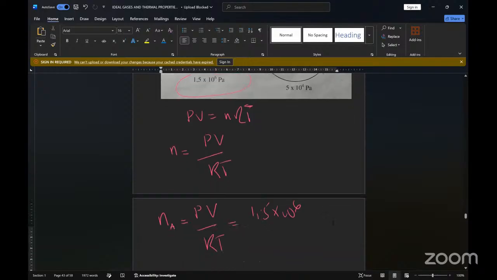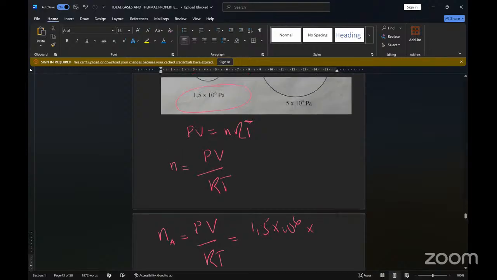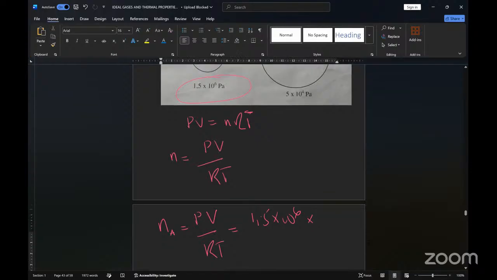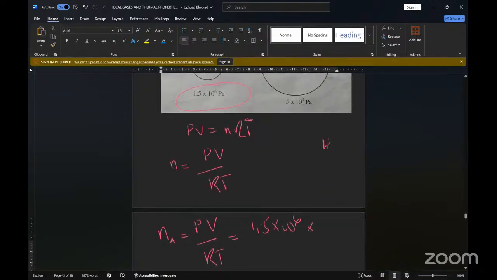Times the volume. The volume is in decimeter cube, so we have to change it to meter cube. Since it is 4 decimeter cube, we divide it by 1,000. When you divide 4 by 1,000, you get 0,004.